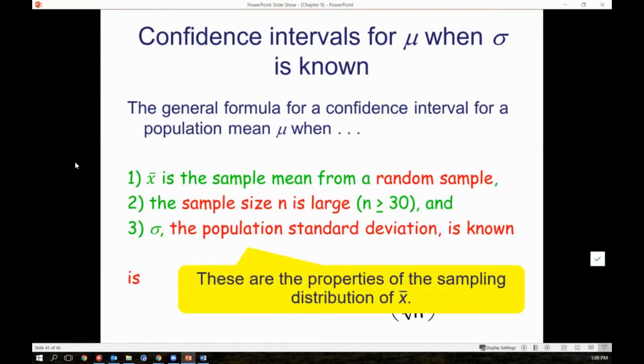You'll also notice that these are the same properties for the sampling distribution of X bar. Remember back to chapter 8. They have very similar properties.